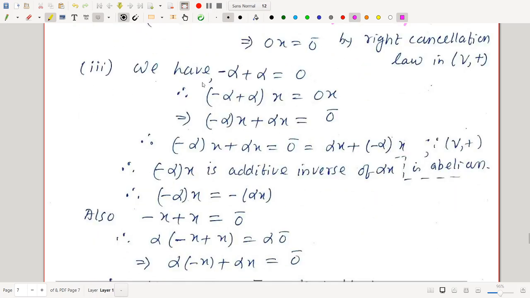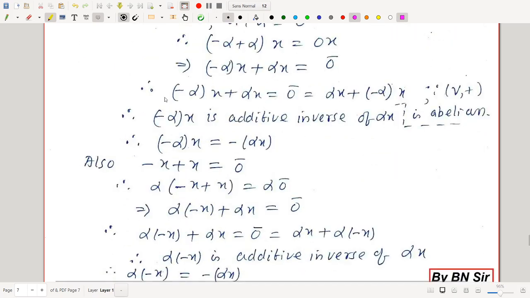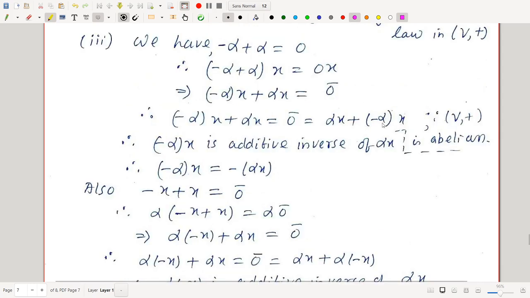Number 3: we have minus alpha plus alpha equal to 0. Therefore (minus alpha plus alpha) into x is equal to 0x. Now by distributivity, minus alpha x plus alpha x equals 0 bar, because 0x equals 0 bar, already proved. Therefore minus alpha x plus alpha x is 0 bar, equal to alpha x plus minus alpha x. Why?